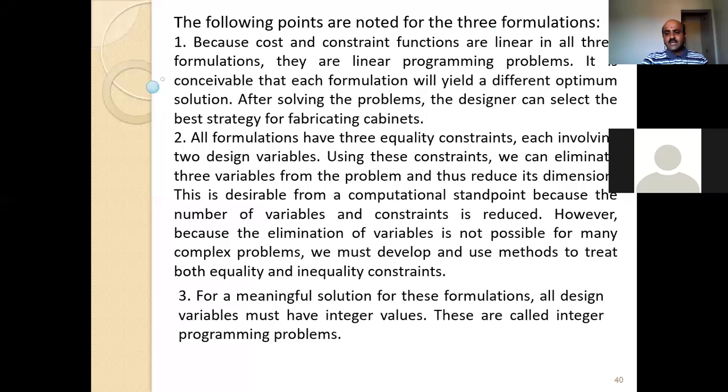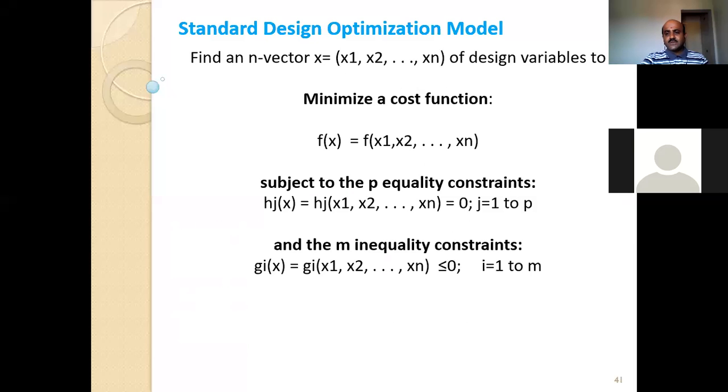So in the previous classes, we were discussing how to formulate optimization design problems. We have discussed so many problems with different concepts, with respect to the tank design, the can design, the sawmill operations, or the cabinet design in the last class.